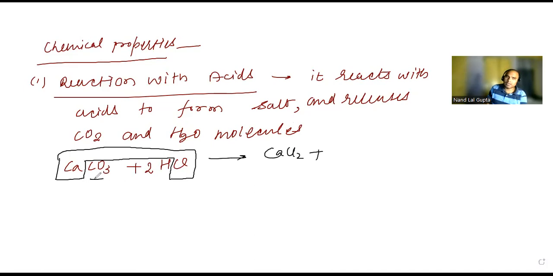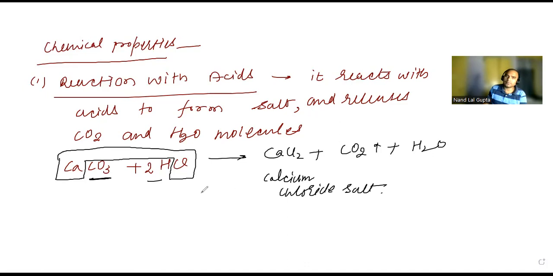Now you see CO3 is there. Out of 3 oxygen, 2 are used in the CO2, so gas is released. What is left? 2 hydrogen and 1 oxygen, so that is H2O. So that is calcium chloride salt.